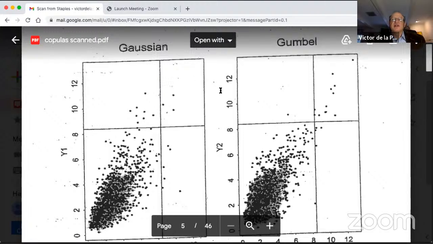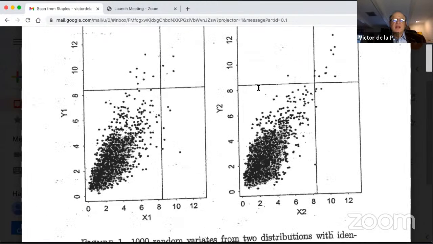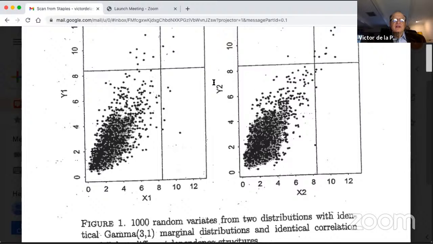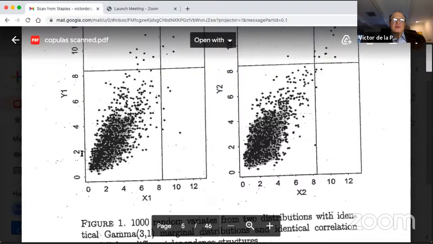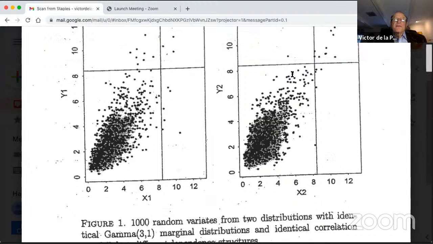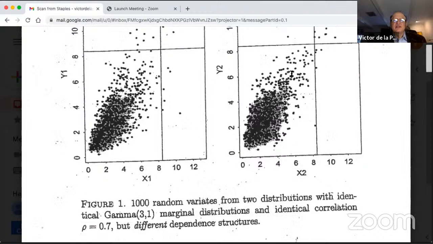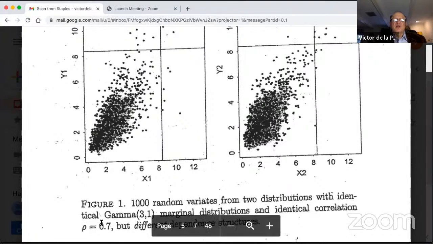So one is Gaussian, the other one is Gumbel, and both of them have identical gamma 3-1 variables. So the marginal distributions are gamma 3-1, but they have different dependent structures. What is surprising about this is that they have the same correlation. So the correlation is not really telling you what the dependent structure is. Okay, so that's the message.